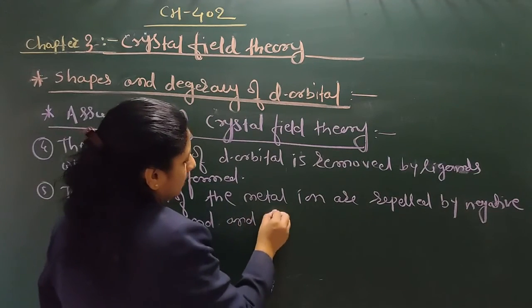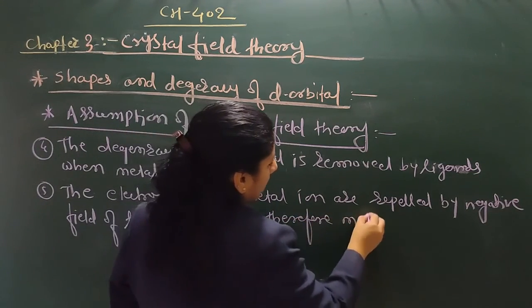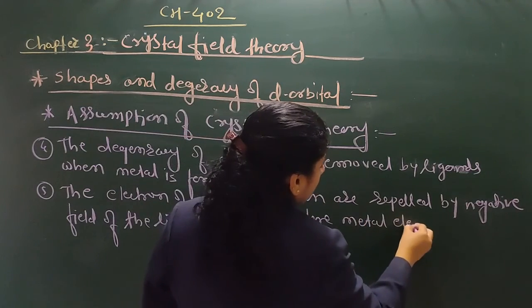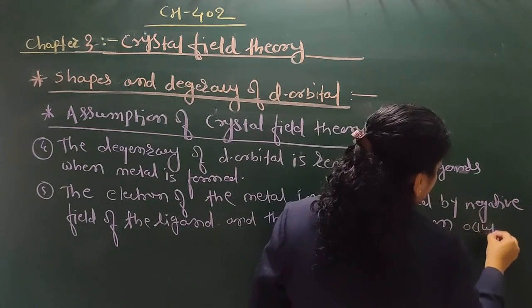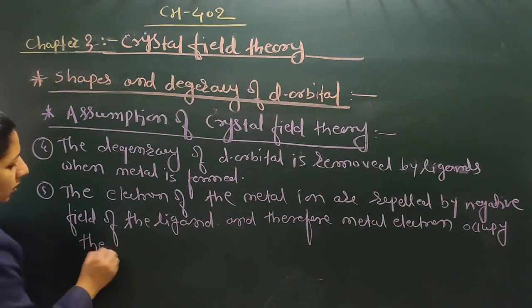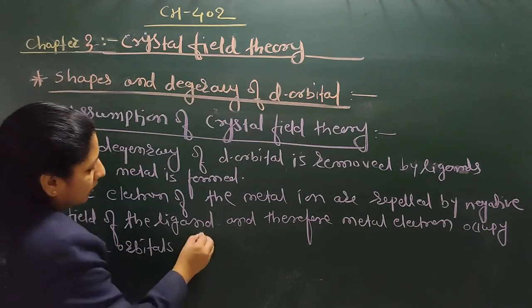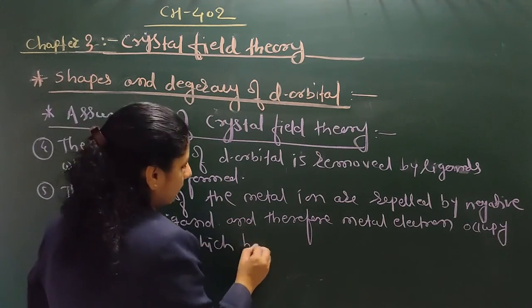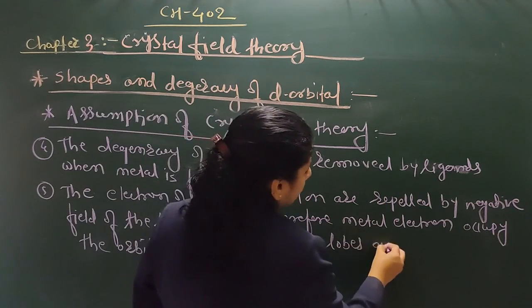Therefore, metal electrons occupy the orbitals which are away from the ligand.